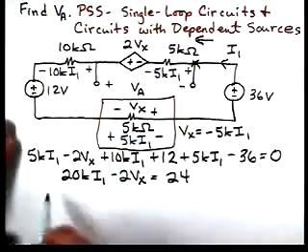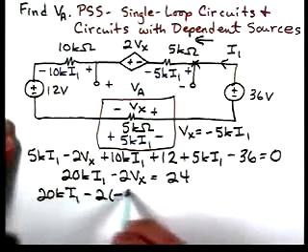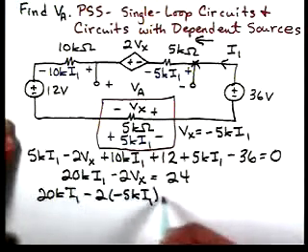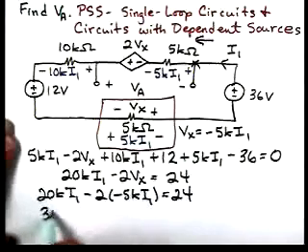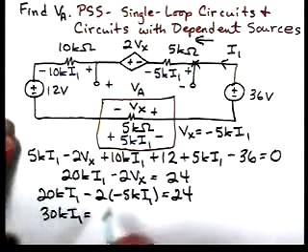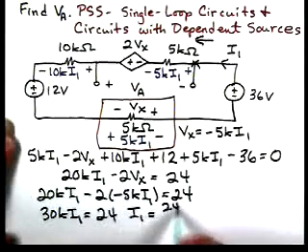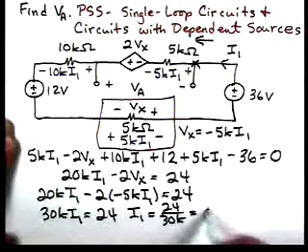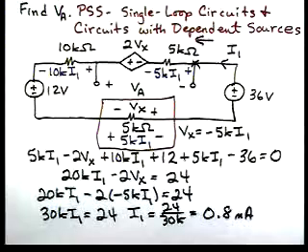Substituting this in, we have 20K I1 minus 2 times minus 5K I1 equal to 24. So this gives us 30K I1 equal to 24. Then I1 is 24 over 30K, which is 0.8 milliamps. And since it came out positive, the current is actually flowing in the direction we assumed originally.